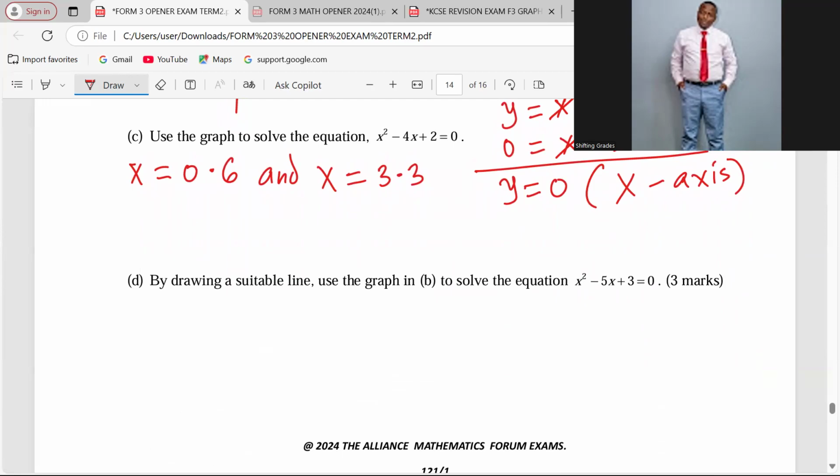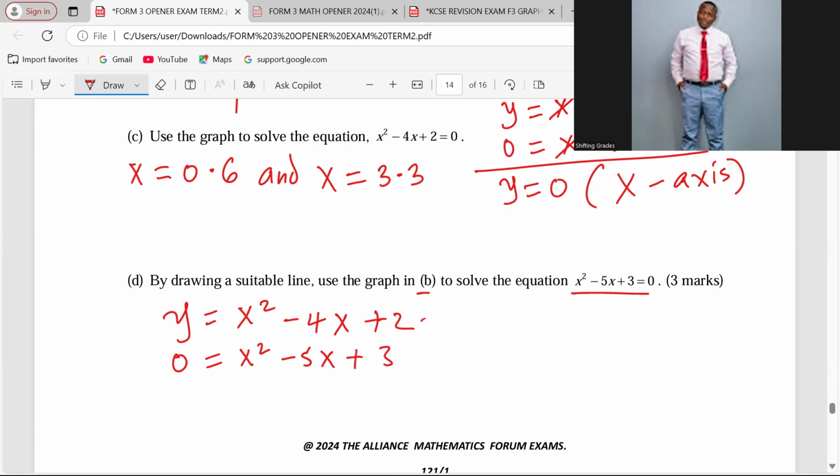By drawing a suitable line, use the graph in B to solve the equation. So we need to write y equals x squared minus 4x plus 2. Then this other one, now we begin with 0 equals x squared minus 5x plus 3. Then again, we just subtract.